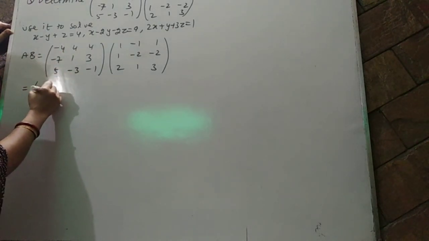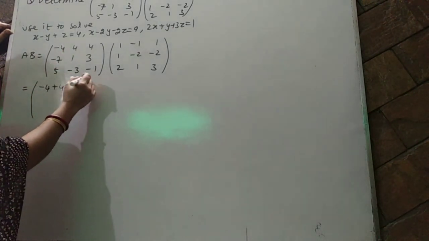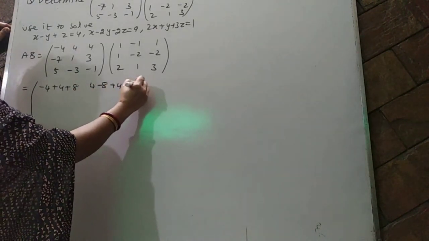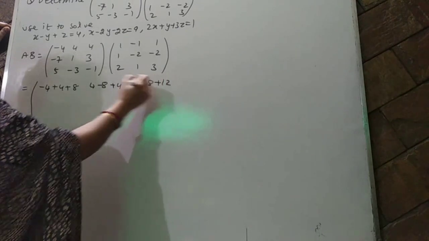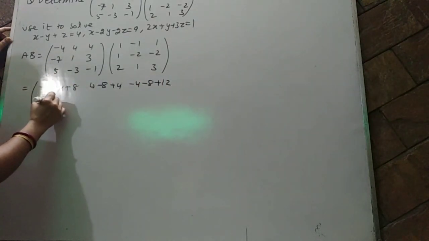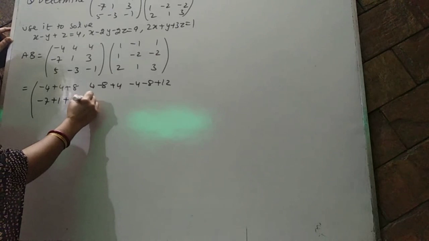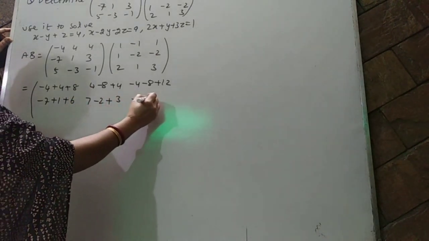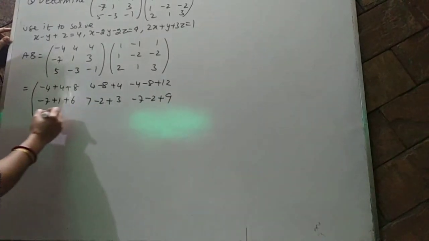At the same time, check the calculation. Plus 8, and then here we are getting 4 minus 8 and then plus 4, and then -4 minus 8 plus 12. And then here we are getting -7 plus 1 plus 6, and then 7 minus 2 plus 3, and then -7 minus 2, and then plus 9.